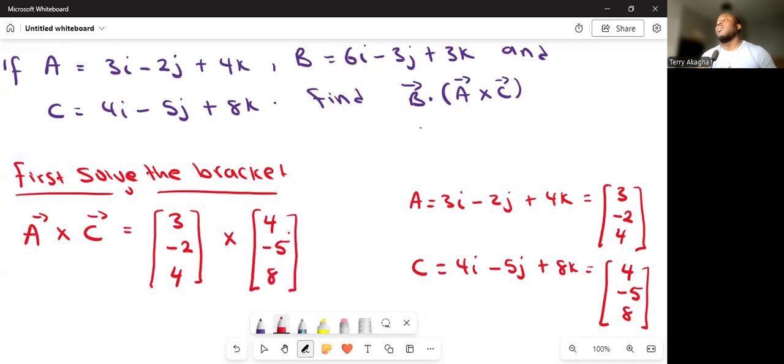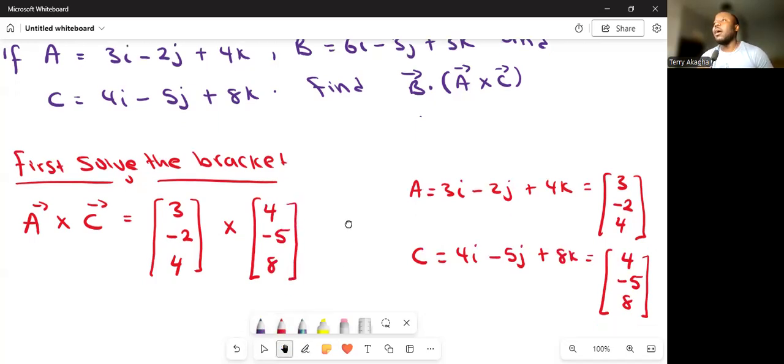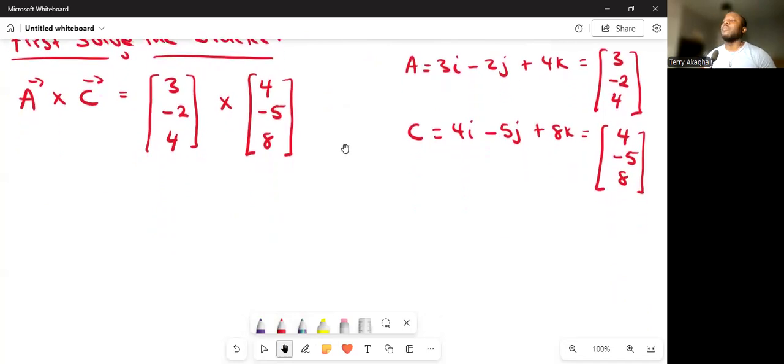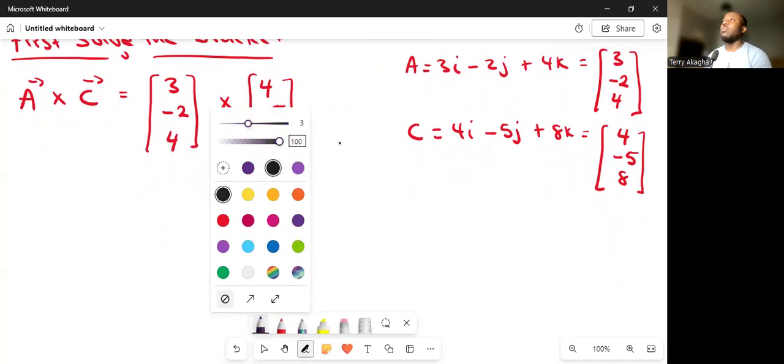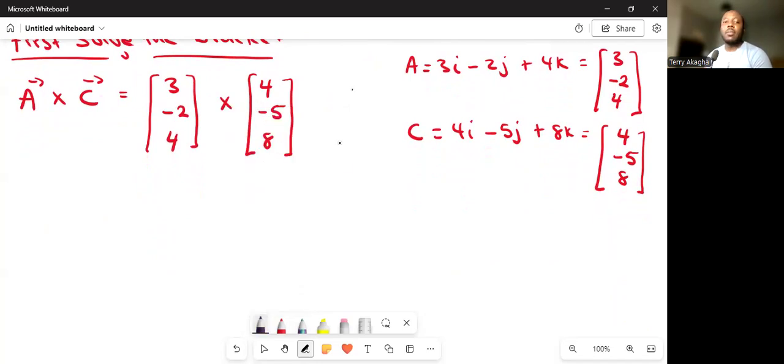Good. With this, we can now apply the rule to solve this. We'll start the process: we put a straight line here, then this is going to multiply that. So we're going to have minus 2 times 8 minus 4 times minus 5.